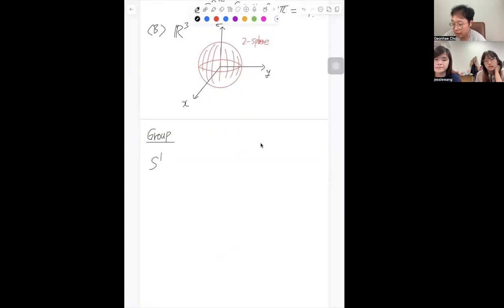We will make everything very concrete. Let's look at the unit circle again. This is the set of e to the i theta, where theta is any real value. Is that okay with you? The reason we call it a group is that this set is closed under multiplication.